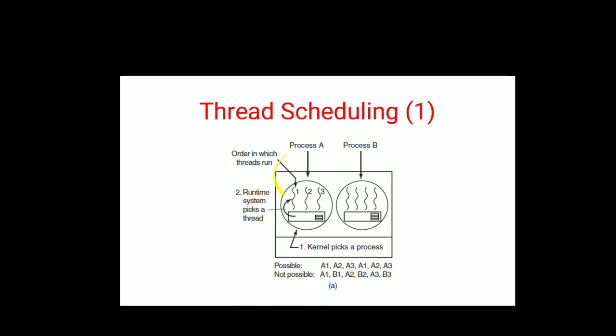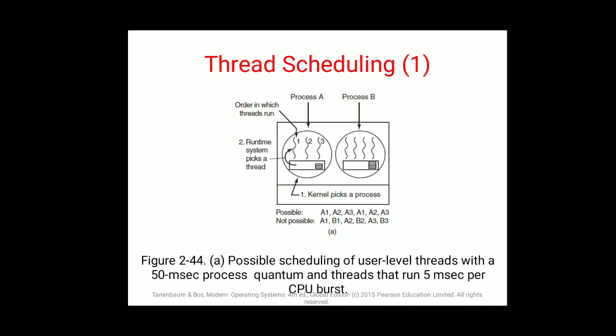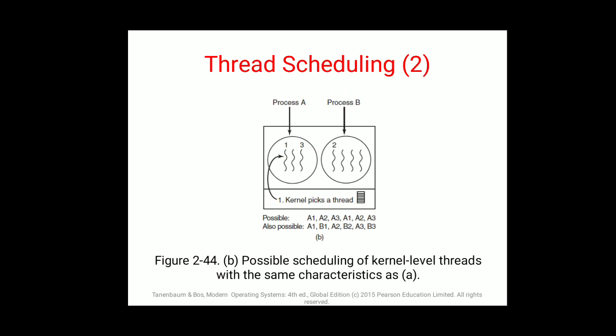One runtime will pick one thread for processing, and process B has n number of threads, which are again waiting. It is possible that A1, A2, A3, A1, A2, A3, every time you run it will go in a scheduled process, that is, in sequence. It is not possible that every time one from A1, one from B1 is picked, because the runtime system will check the threads according to the schedule which is given, according to the sequence which is arranged.